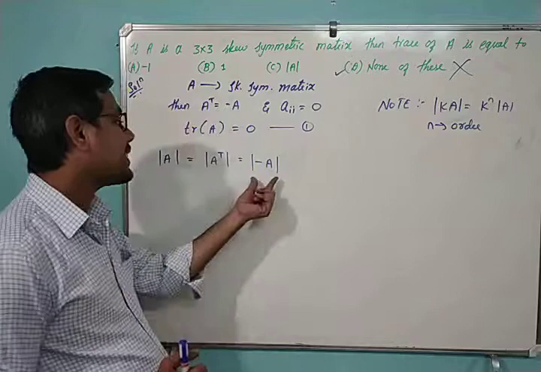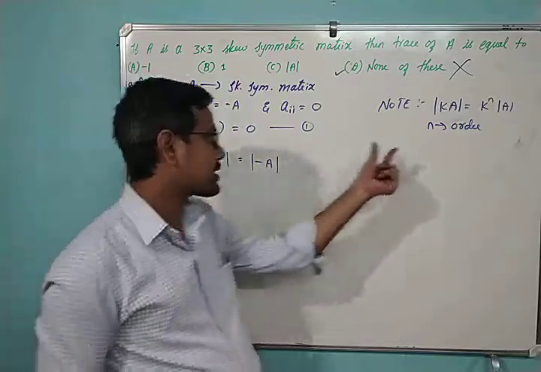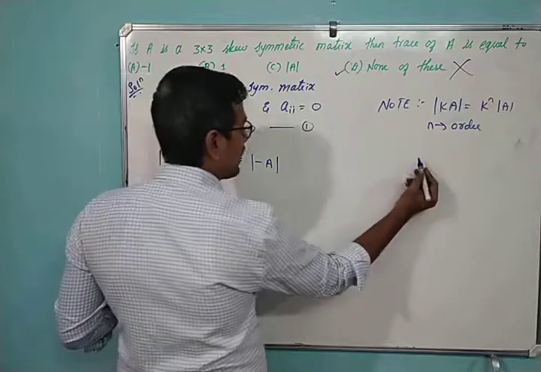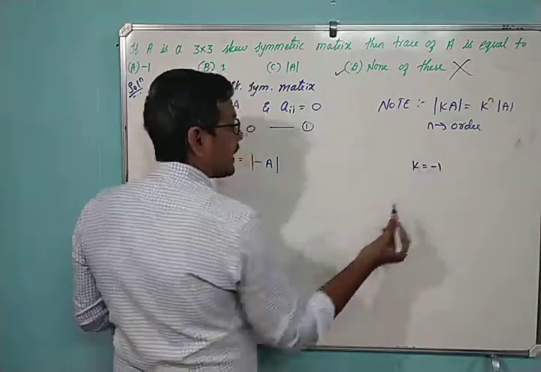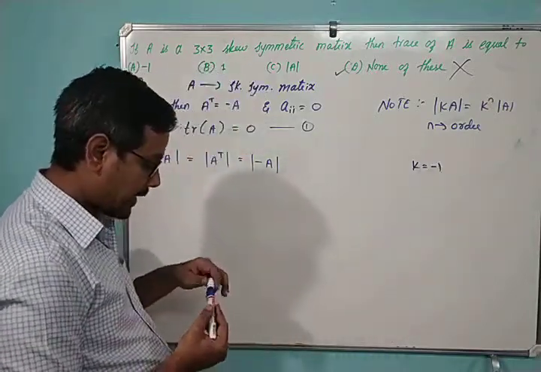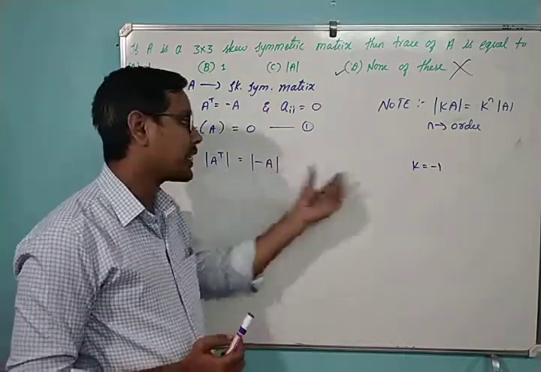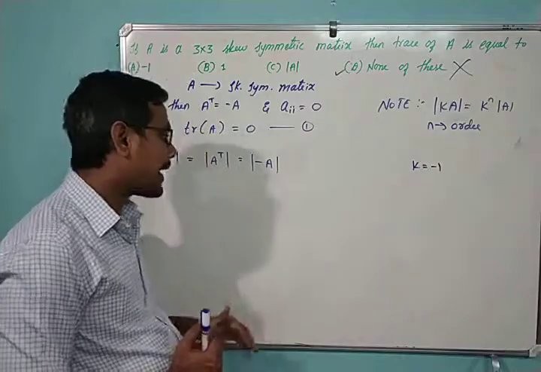And what is K here? If I compare this and this matrix, K is minus 1 here. So this can be written as minus 1 into A. So I can consider K as equal to minus 1.